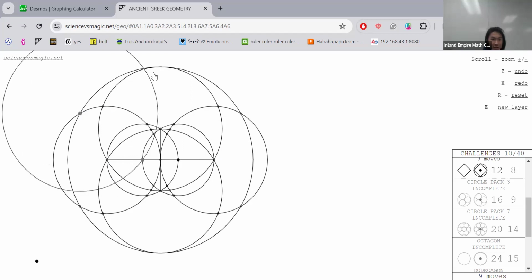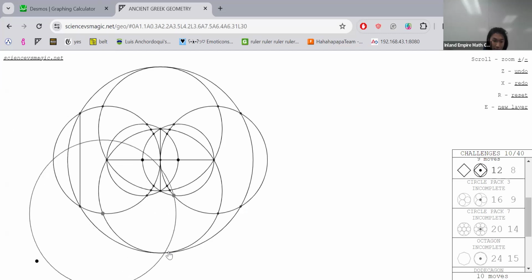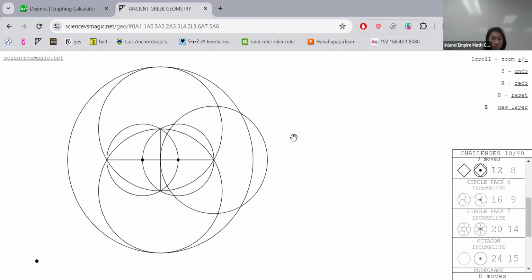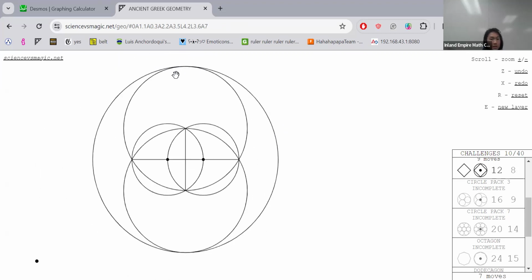So I think I've accidentally made another hexagon. That's not gonna be it. So maybe there's some method to get that on. So I need a point around here.